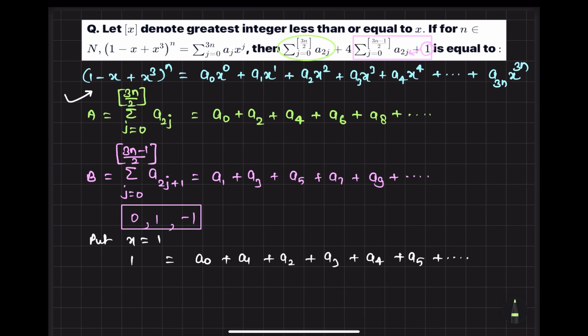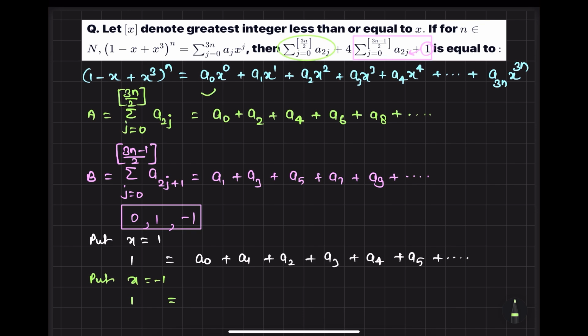Now I will put x equals minus 1. This thing will become 1 plus 1, minus 1 cube is minus 1, so it is 1 again, and 1 to the power n is 1 only. So again the LHS becomes 1.